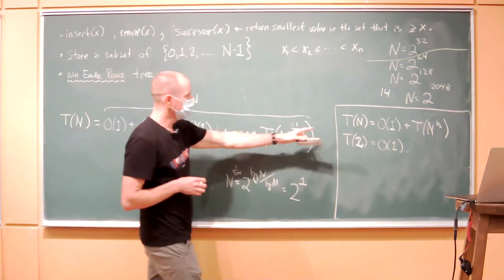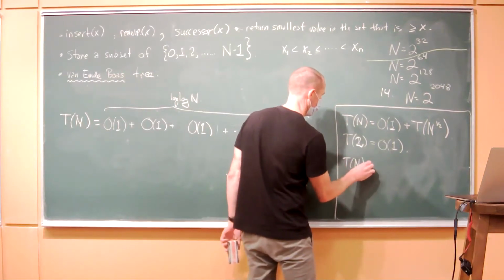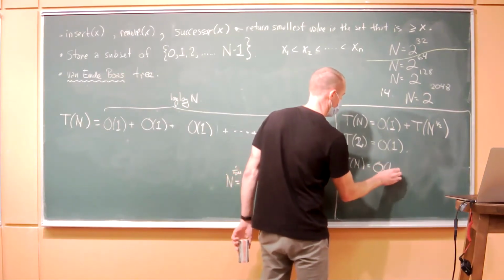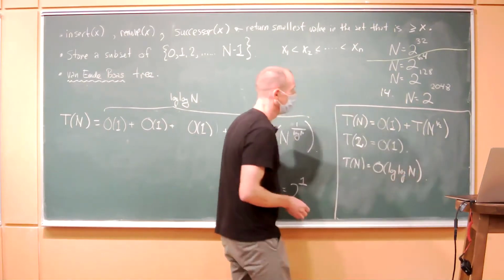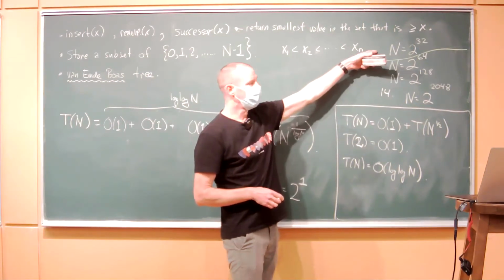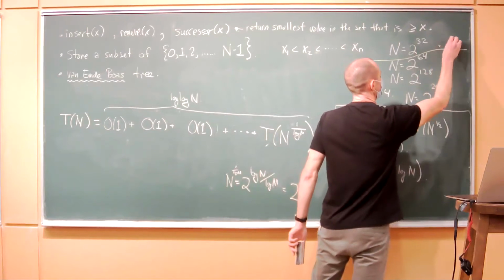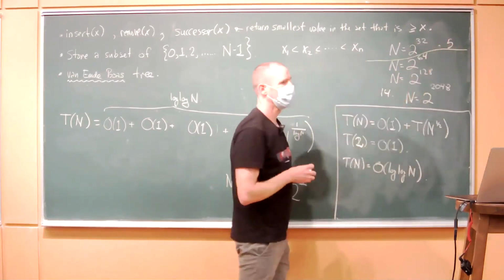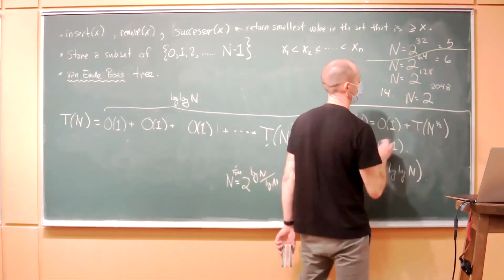This recurrence resolves to T(n) is O(log n). Now, if you look at these numbers up here, log n for 2 to the 32 is 5. This one, 6.